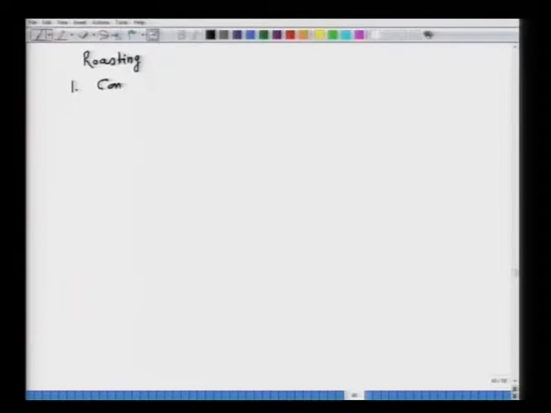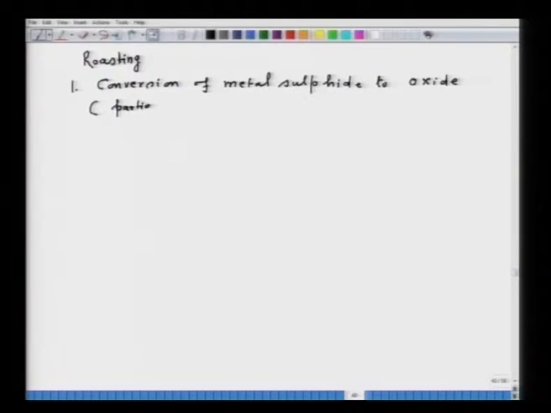So, the first step, roasting, is performed, and roasting is the conversion of metal sulfide to oxide, partially or completely, that will depend on the type of metal, or sulphate or chlorides, because oxide can be easily reduced, sulphate can be easily dissolved, and that is why roasting is a first step to extract metal from sulphidic ore.